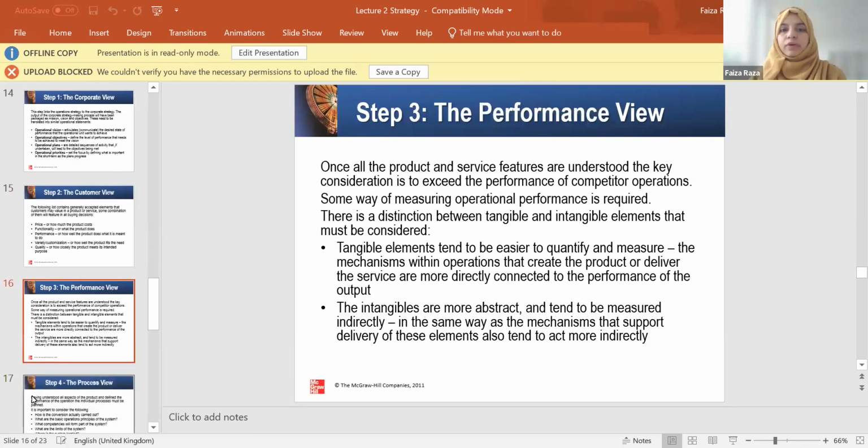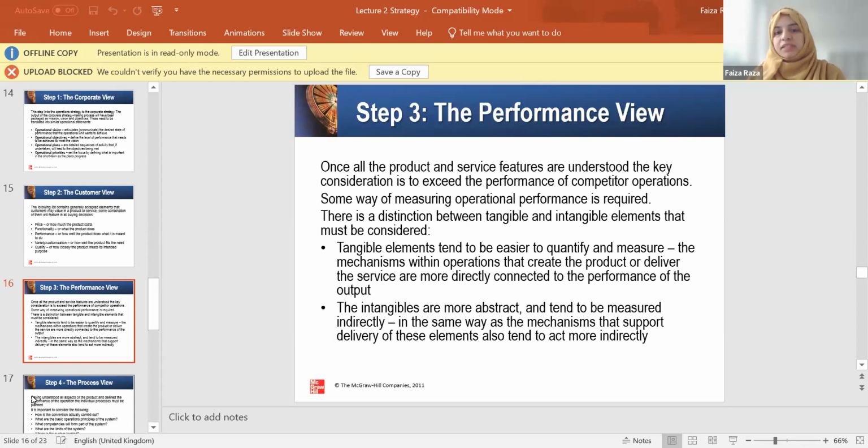Going forward, the performance view. Once all the product and service features are understood, the key consideration is to exceed the performance of competitor operations. Then some way of measuring operational performance is required. There is a distinction between tangible and intangible elements that must be considered.